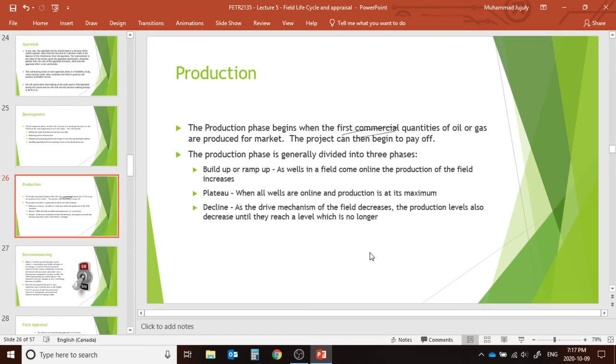The production phase is generally divided into three phases: build up or ramp up, then plateau, and then decline. That happens in most of the production cases.